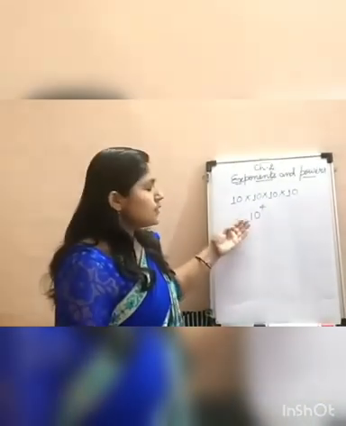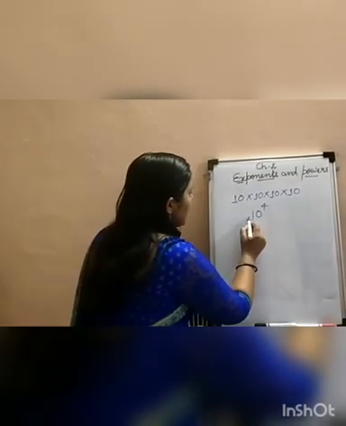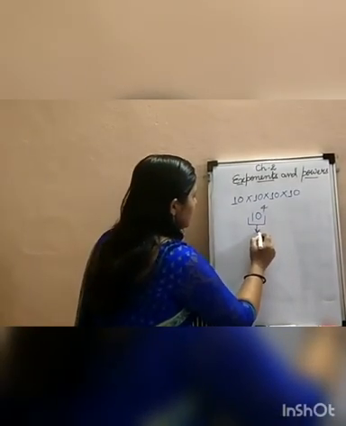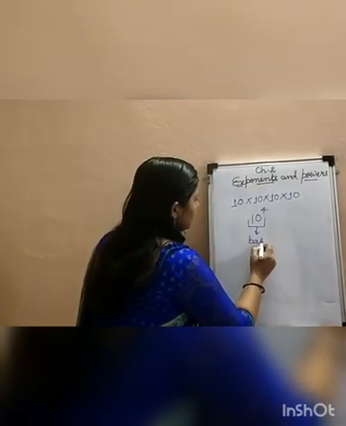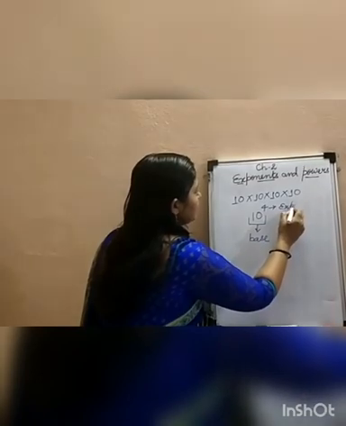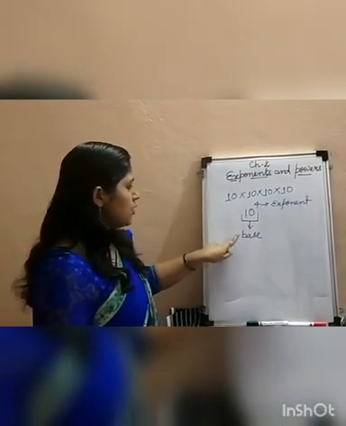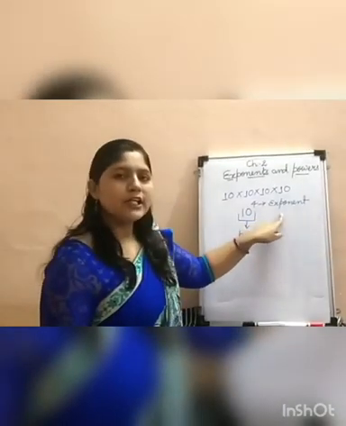We can read it as 10 raised to the power 4. Here 10 is called the base and 4 is called the exponent.